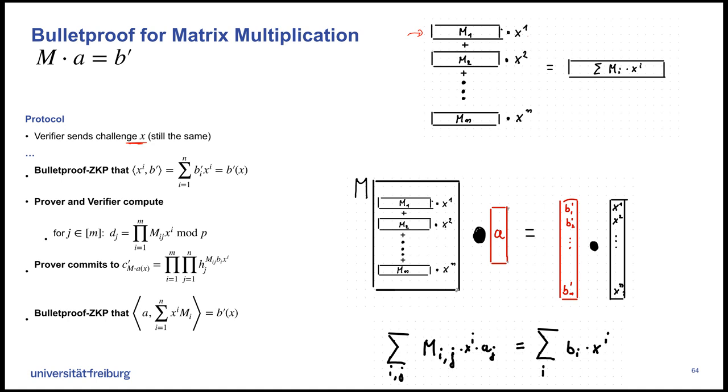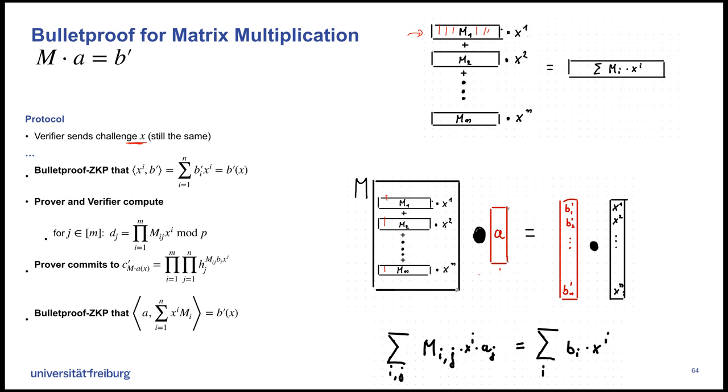You multiply each row by its power and then you add it, and you end up with one value for the first column, one value for the second column, and so on. So these are still vectors here. And then you have to multiply it, and it turns out that if you do it this way, the multiplication with A is again a dot product.